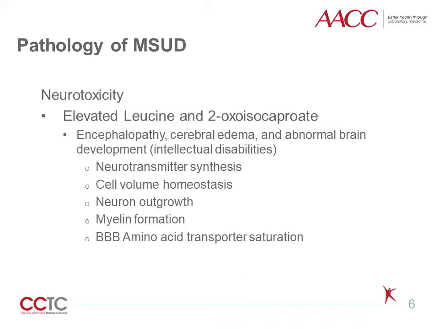For example, elevated leucine and 2-oxoisocaproate in the brain interfere with neurotransmitter synthesis, cell volume homeostasis, neuron outgrowth, and myelin formation. As well, an overabundance of leucine disturbs the ability of the blood-brain barrier to transport other large neutral amino acids, leading to a relative deficiency of some amino acids and abnormal brain development.